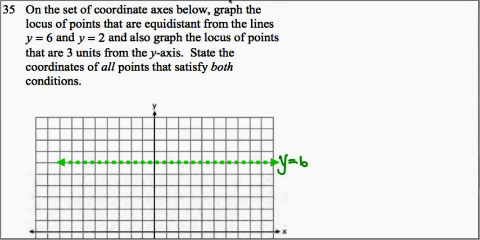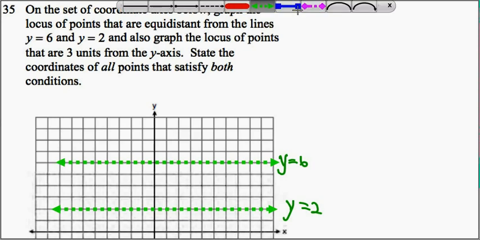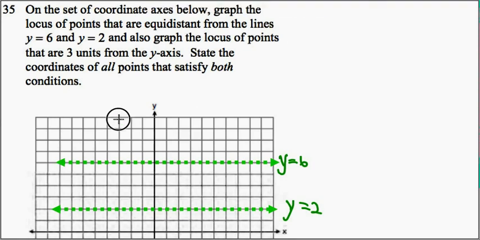How about y equals 2? So here we have y equals 2. And also graph the locus of points that are 3 units from the y-axis. 3 units away from the y-axis would be something like this.